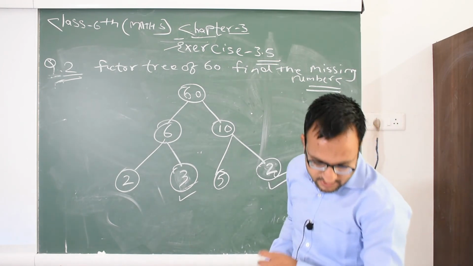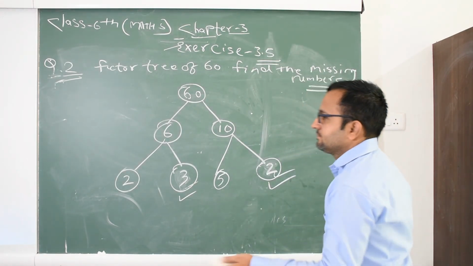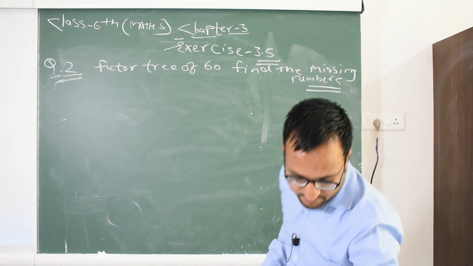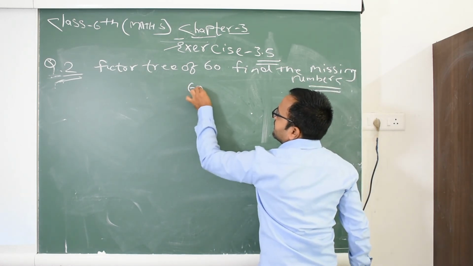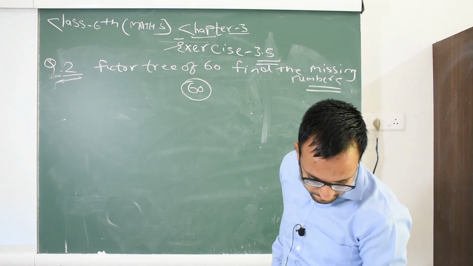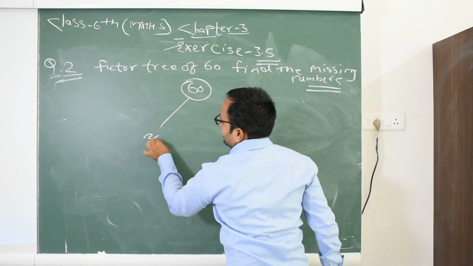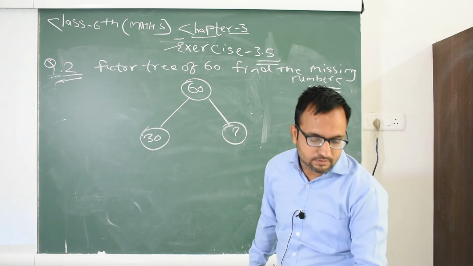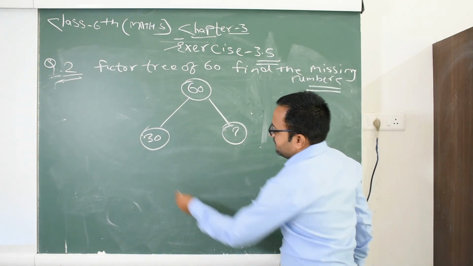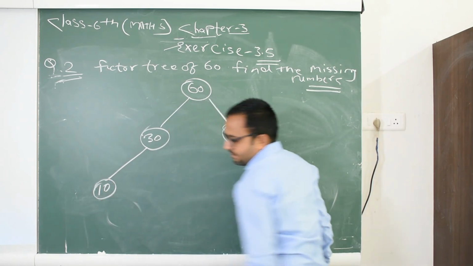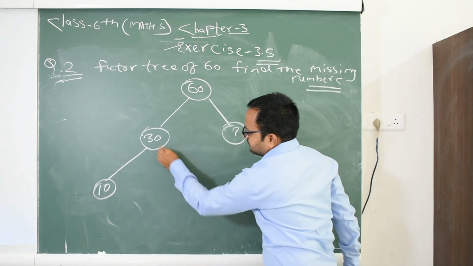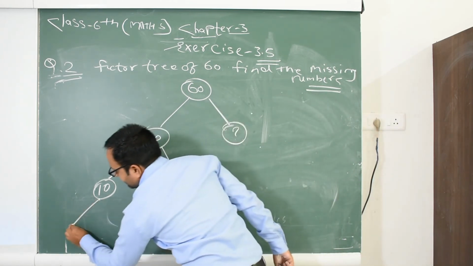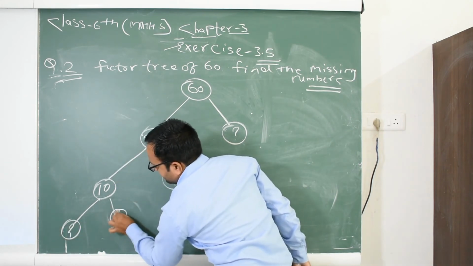Now the second factor tree: 60, here 30, here a question mark, and 10, again a question mark and a question mark.